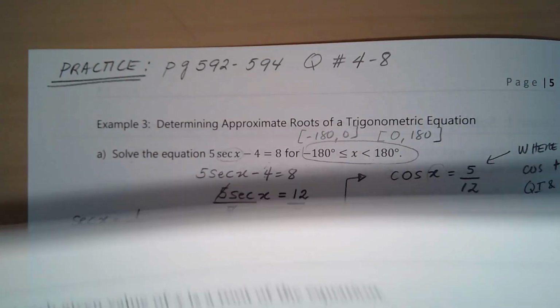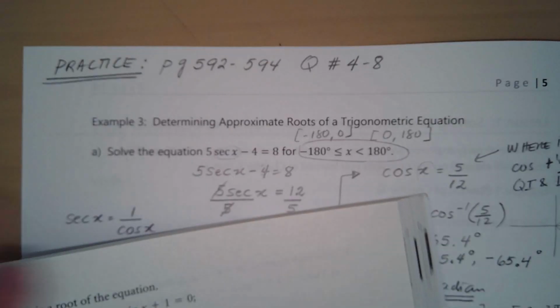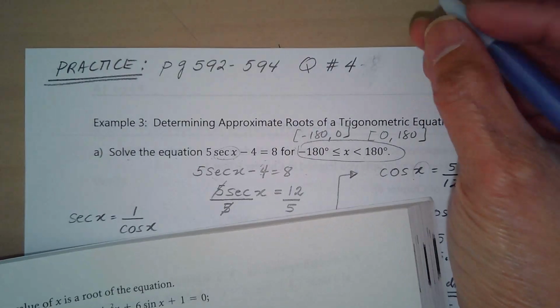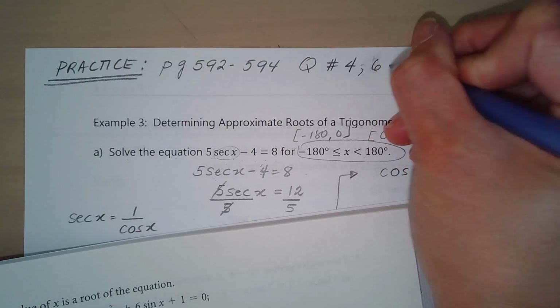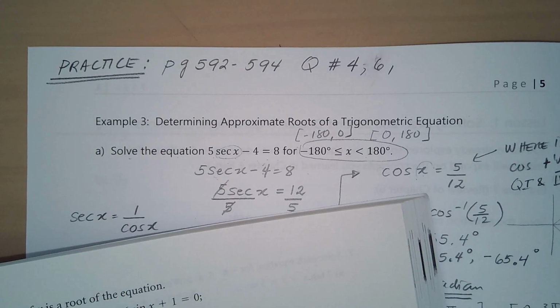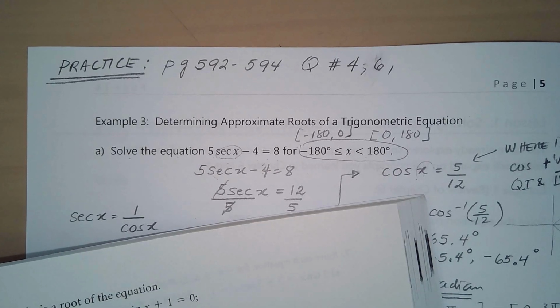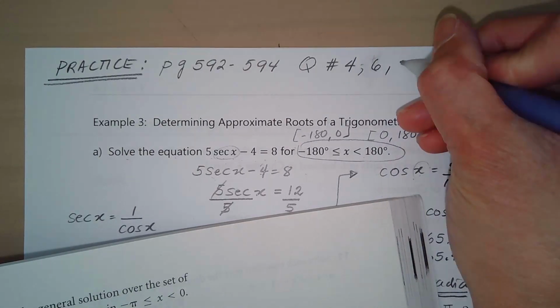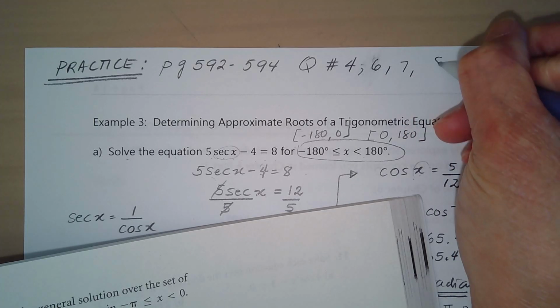Actually, we're going to go 4, 5, not 4 to 8, because we're not ready for 5. 4, 6, 7, and 8.